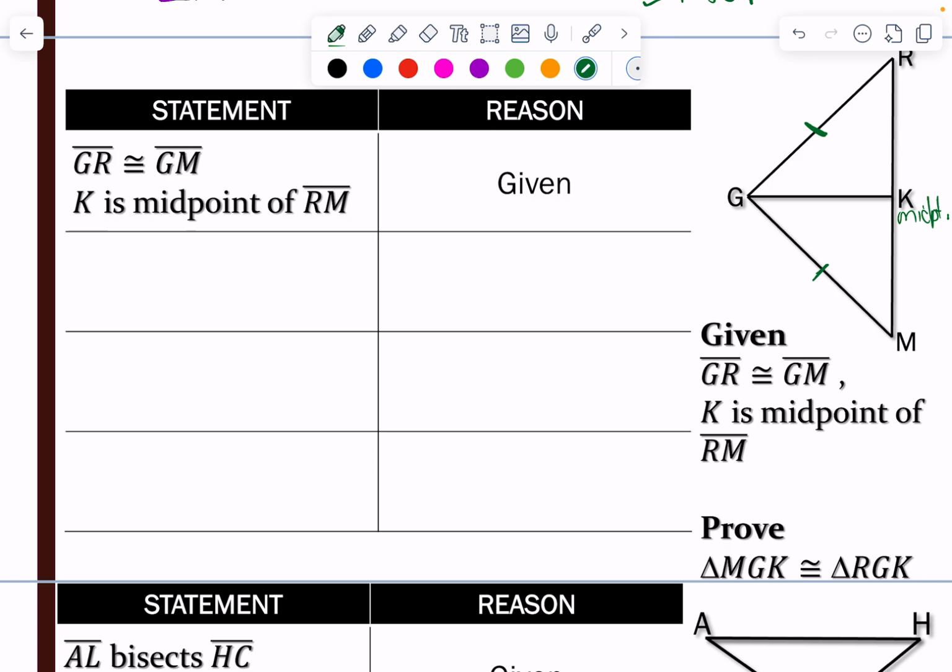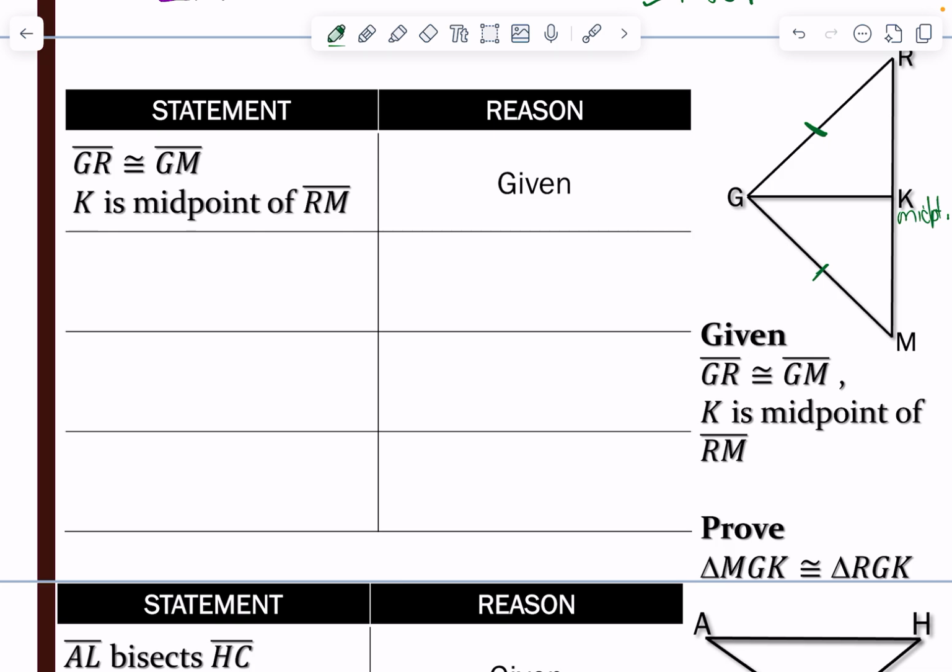Now, we have to think about this because we need either three sets of corresponding sides congruent, or we need two sets of corresponding sides and the included angle in between them. Now, when I first look at this, I'm probably not going to be able to get an angle. There's nothing given to me about an angle. It's going to be hard to find an angle that is congruent. So instead, I'm going to go for side, side, side.